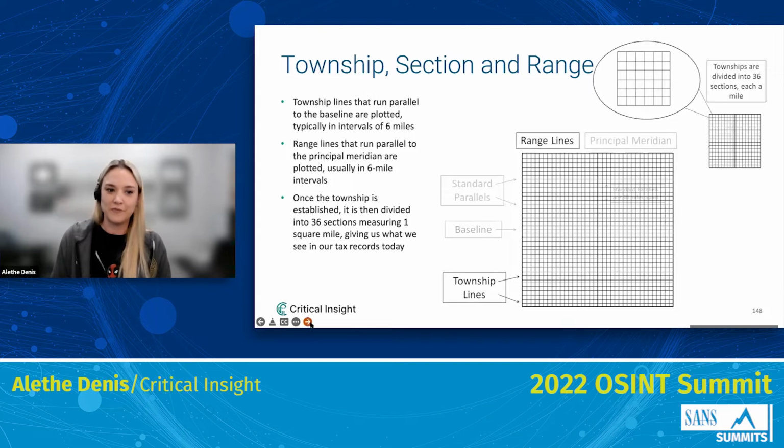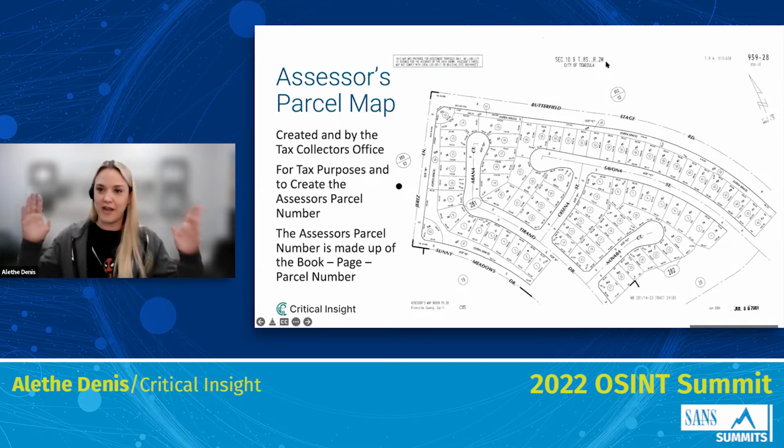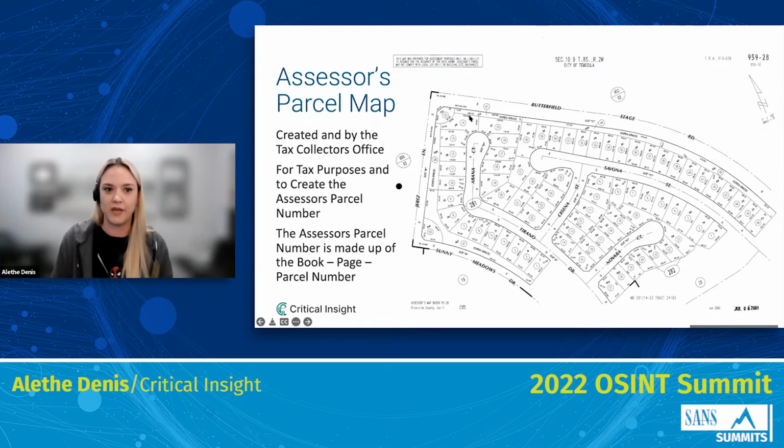The center point will be different, but ultimately the way that these properties are described is very similar. So if you see at the top of this map, you can see section 9, township 8 south, range 2 west. That relates to those grid lines that divide every state and every piece of land within a state based on their center point and that meridian and baseline axis.